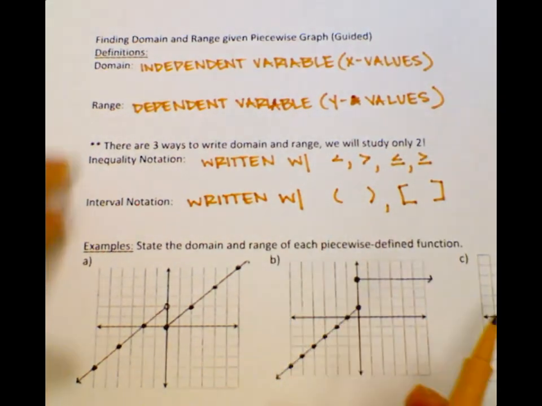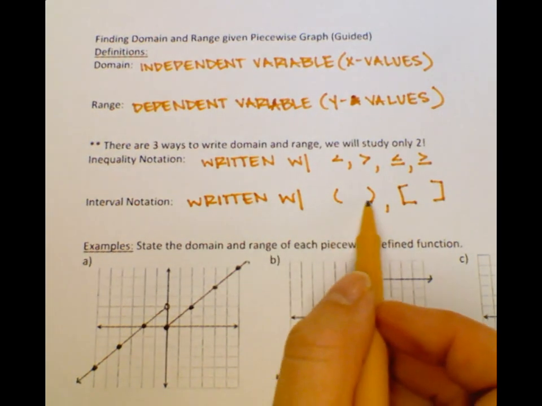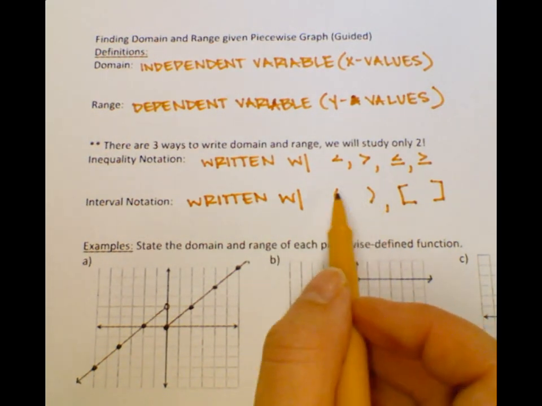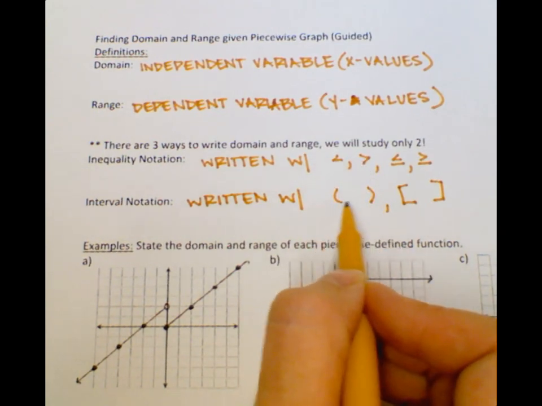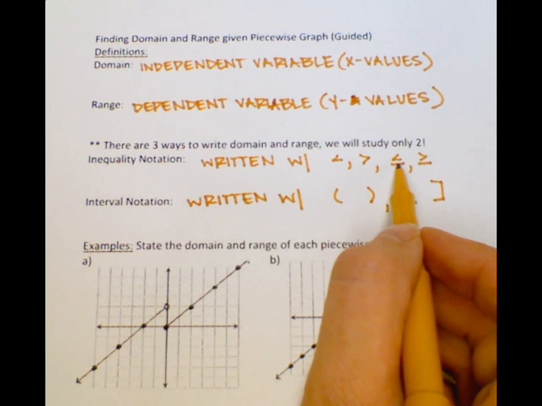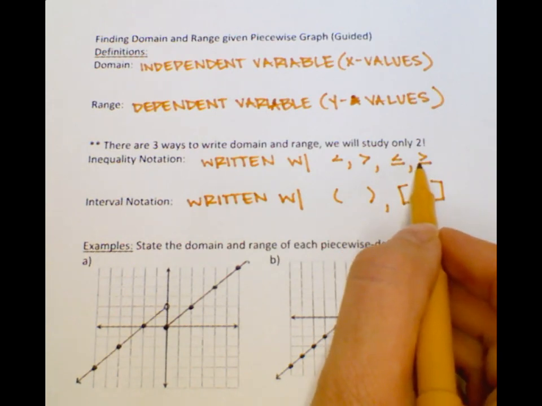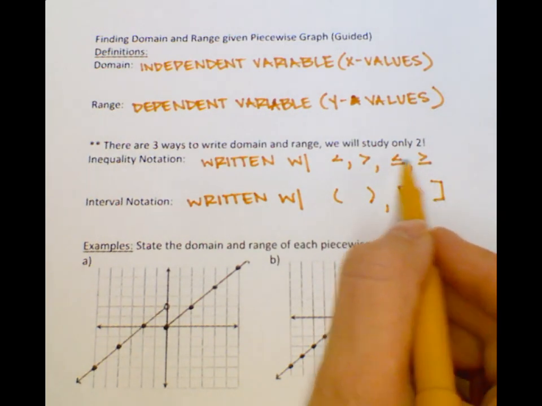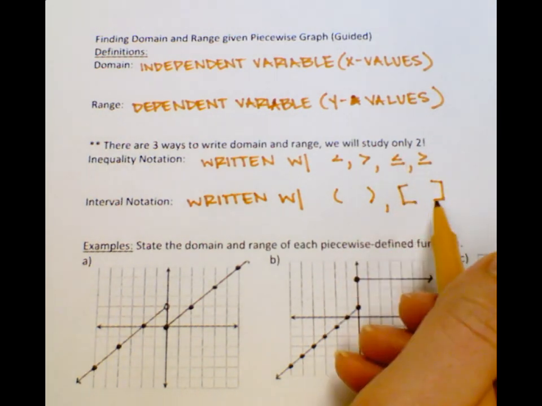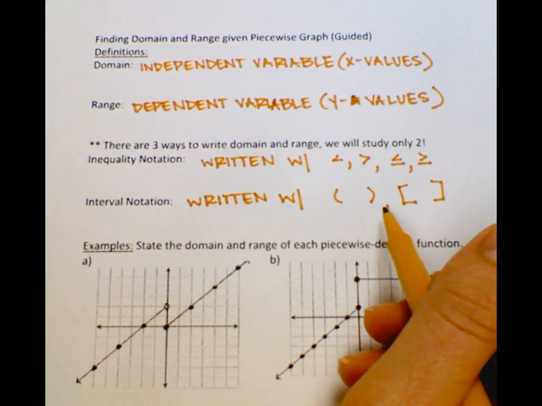Now, if you're doing the parentheses, they don't include the numbers, like these, okay? These are the same as these. The ones with the underneath line that do include the number, those are the brackets, okay? So these and these go together. You'll see when we do an example here in a second.